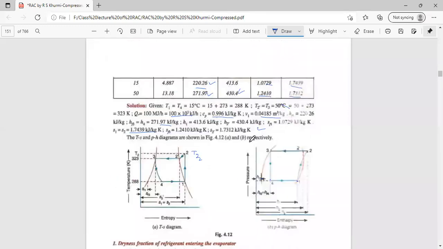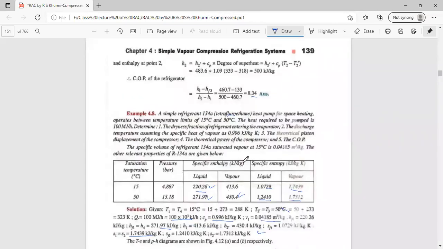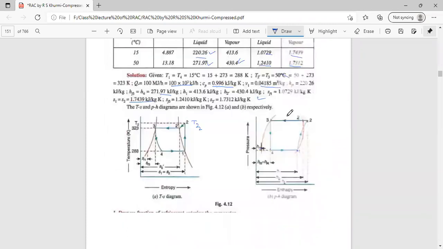It is given here. The amount of heat required to be pumped is 100 megajoule per second. This is the amount of heat you are supposed to release at the time of expansion, at your condenser itself. Here the condenser is being used as the heater of the room itself.